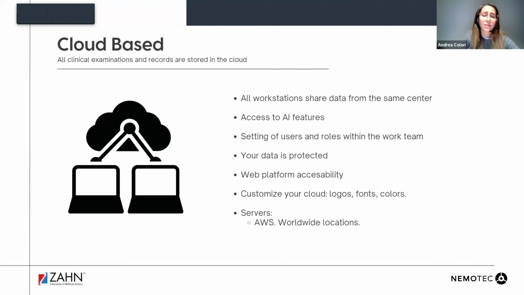You will get access by web also to this data, not only on your workstations. Also, you can customize how it's going to look. If you want to place your logos, fonts, colors, we can offer you that possibility. And for the service, we use AWS, and we have worldwide locations depending on the country. So we have different locations of this service.